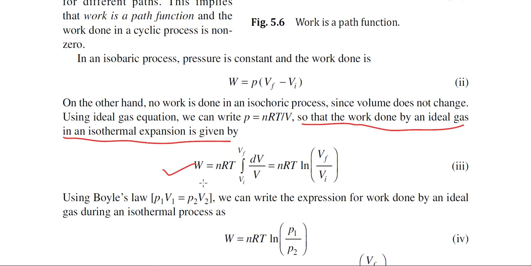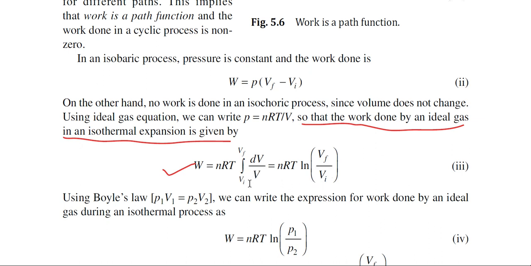Finally, we obtain the result that the work done by an ideal gas in an isothermal expansion is given by W = nRT ∫ from Vi to Vf of dV/V = nRT ln(Vf/Vi). This formula we will use in several numerical problems.